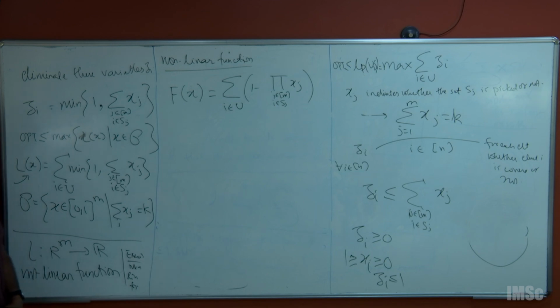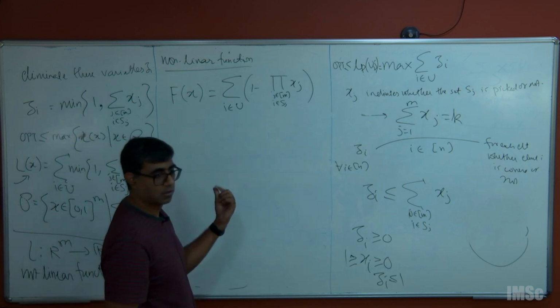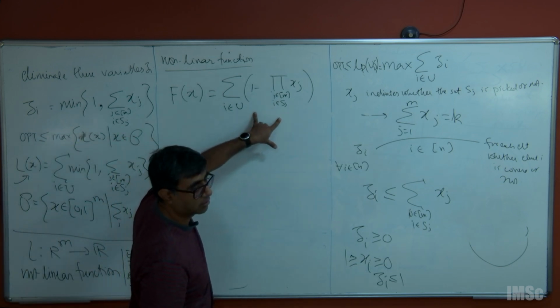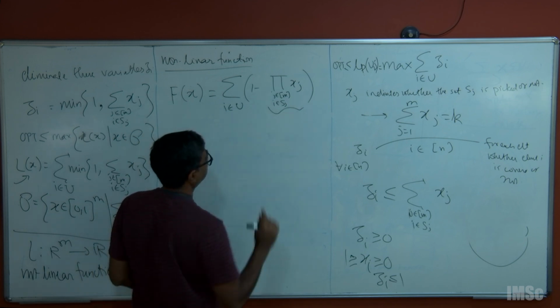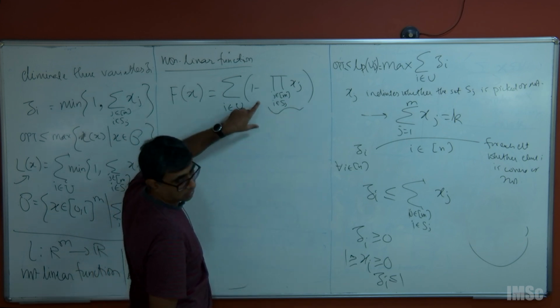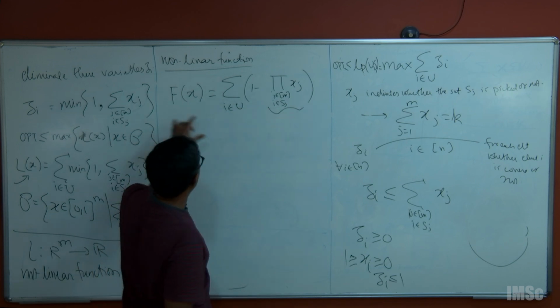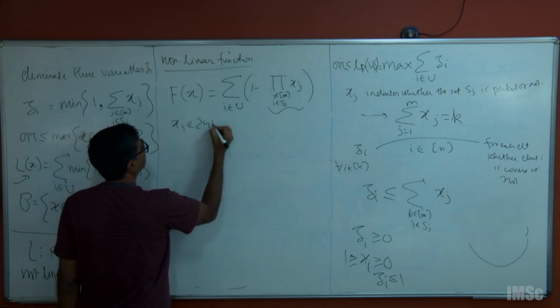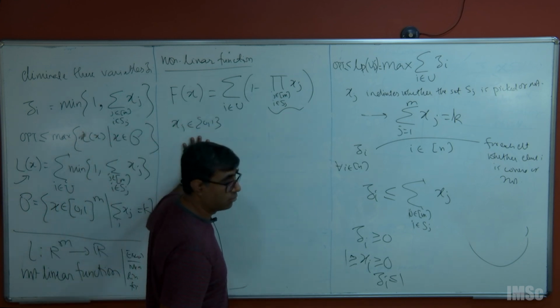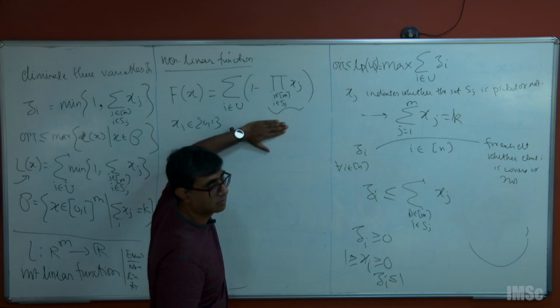Now notice if I write this, for an element, when will this function be 1? Suppose xj is in {0, 1}. If xj is in {0, 1}, then tell me what the function value is.